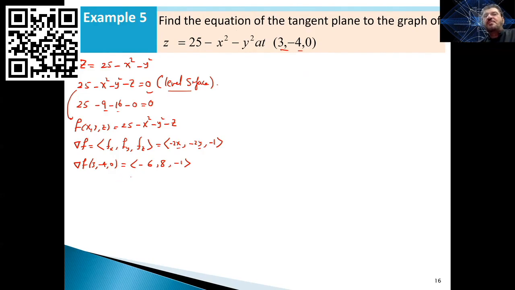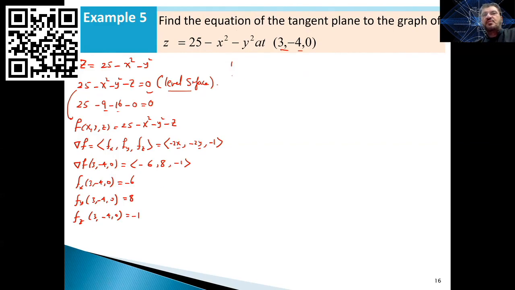By the way, this tells me that fx at 3, -4, and 0 is -6. Fy at 3, -4, and 0 is 8. And fz of 3, -4, and 0 is -1.